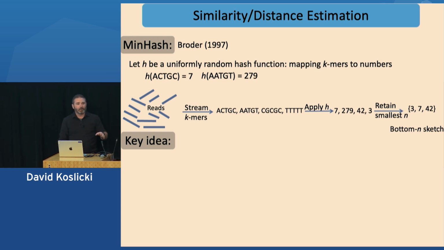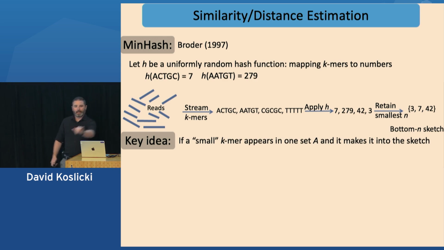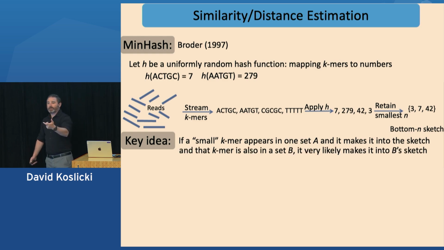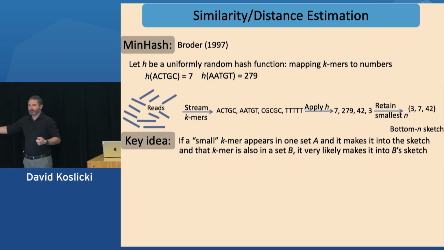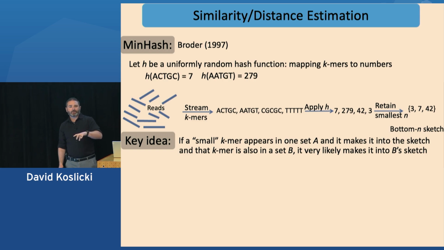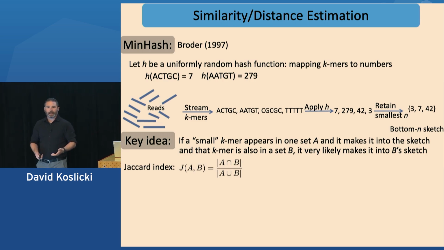The key idea of this approach is that if in one set A you have a k-mer that made it into your bottom k sketch, the random number associated with it is small. And if that k-mer also appeared in a different set B, then with pretty high likelihood it's also going to make it into the sketch. Because of this, you can measure similarity between these sets of k-mers, particularly with things like Jaccard or containment index.